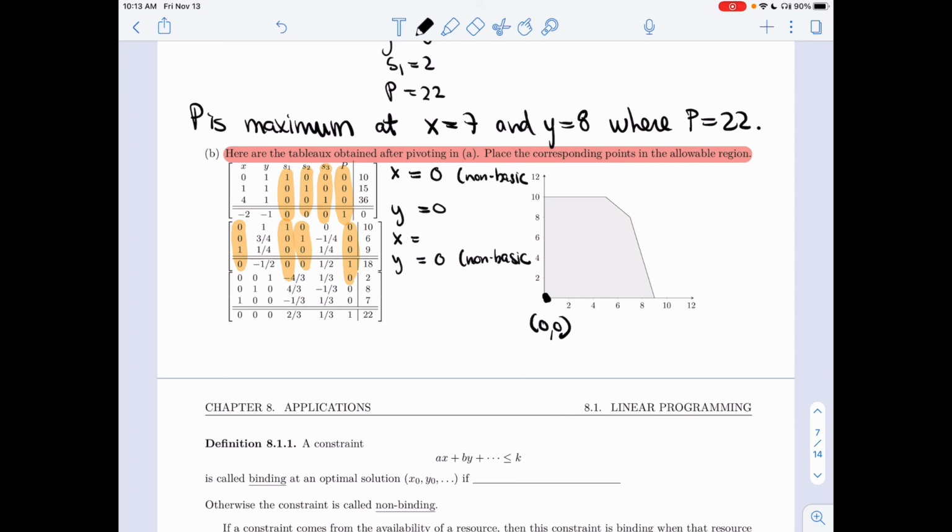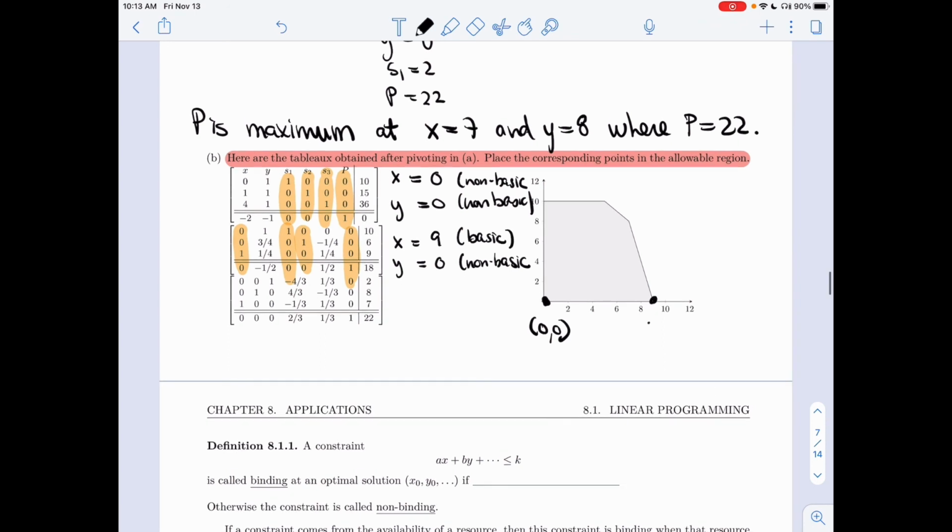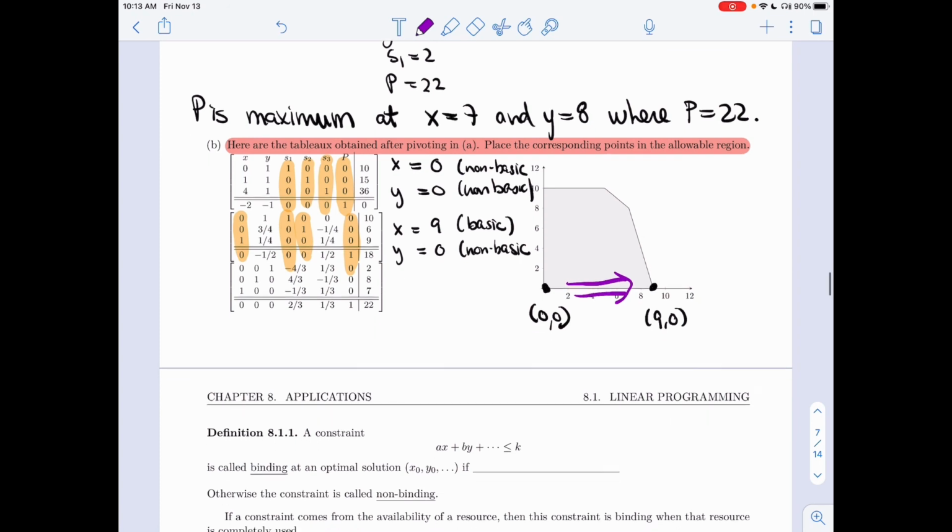Y is equal to 0 because it's non-basic. All right, so that's the first point. Second one, y is non-basic, but x is basic, and it's equal to 9. So the second point is 9, 0. So the first pivot moved us in the x direction to the nearest corner, nearest vertex.